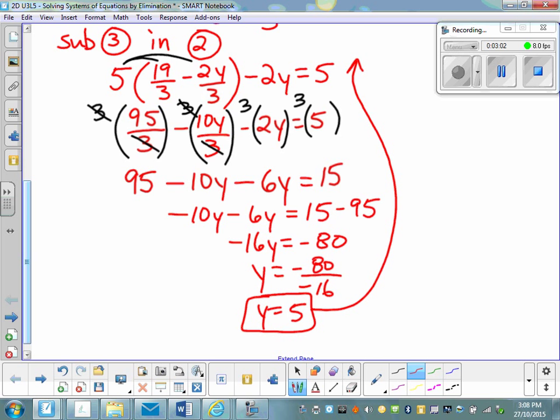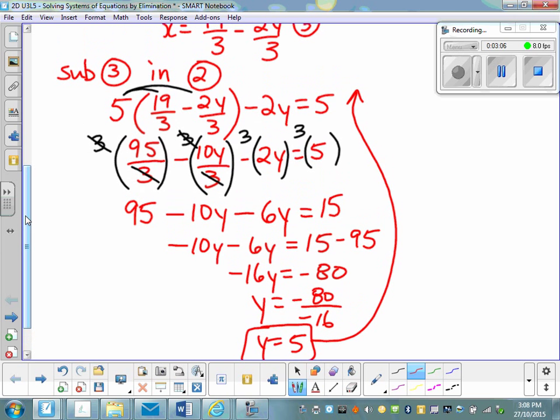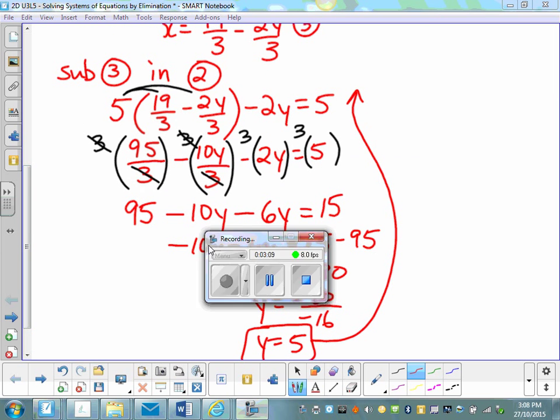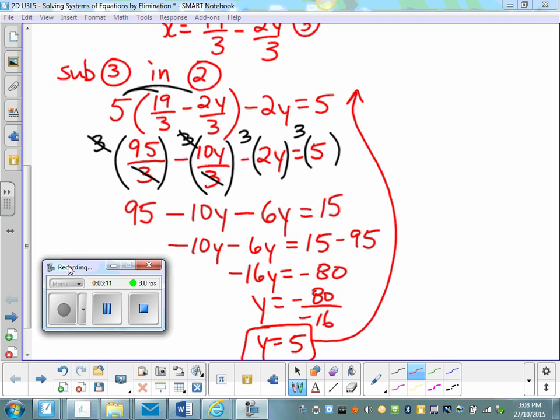And hopefully remembering from yesterday, once we get y equals 5, we still need to figure out what x is equal to. So I'm going to sub y equals 5 into equation 1. So in equation 1, I've got 3x plus 2 times y, so that's going to be 2 times 5, equals 19.